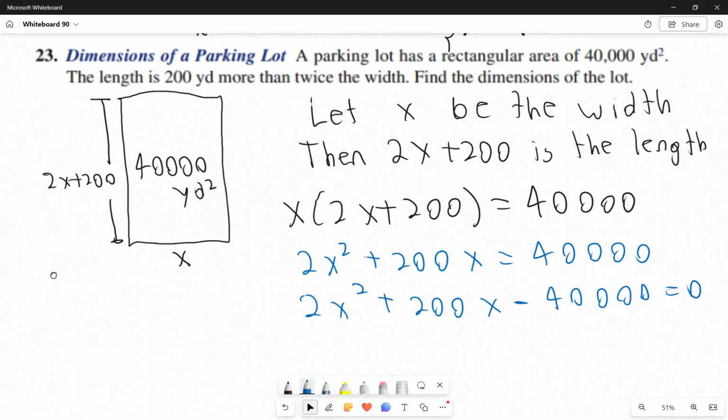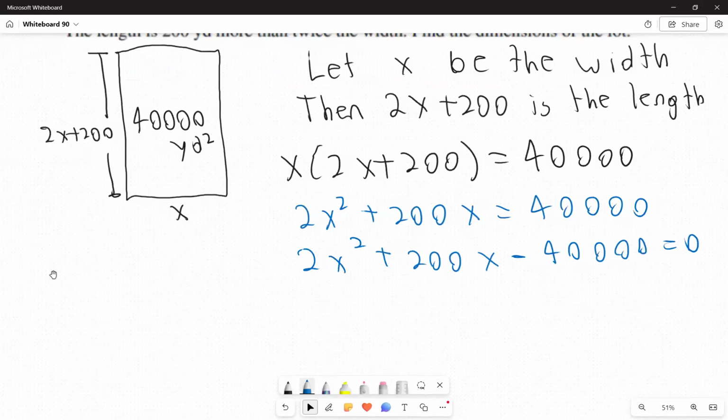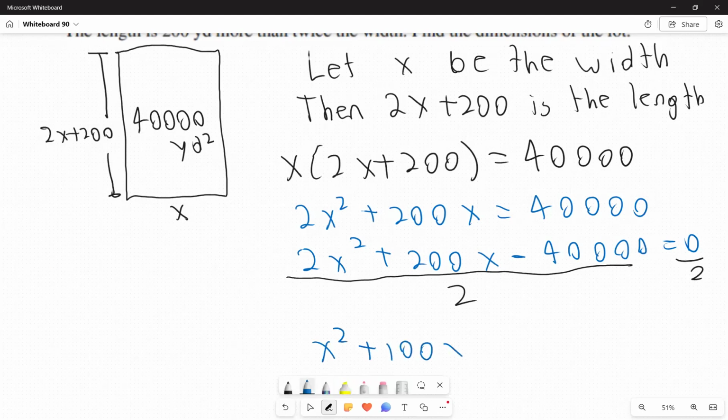So we can reduce the numbers a little bit, divide everything by 2. That is, divide both sides by 2. 2 over 2 is 1. 200 over 2 is 100. And 40,000 over 2 is 20,000.